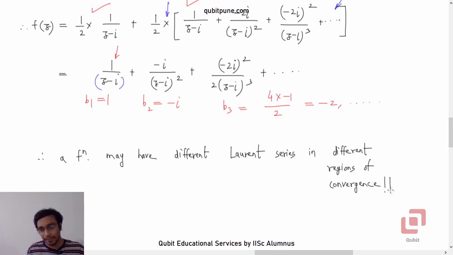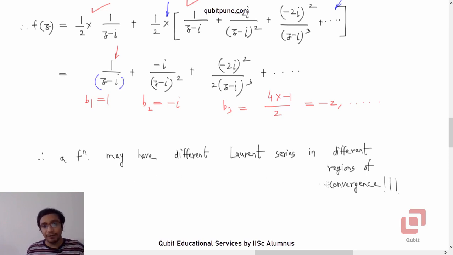This part is important, in different regions of convergence. Quite often people tend to believe that within the same region of convergence a function has different Laurent series. That is not true. For a particular region of convergence, if at all the series converges, it has to have a unique Laurent series representation.